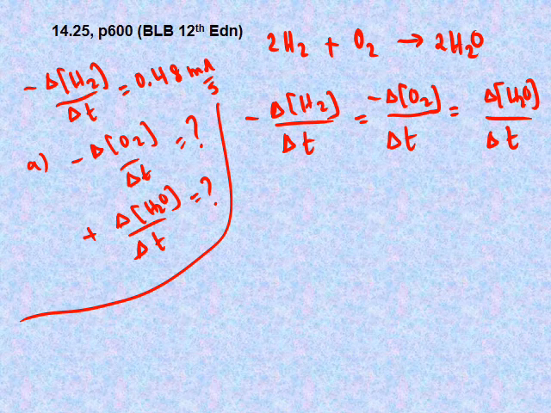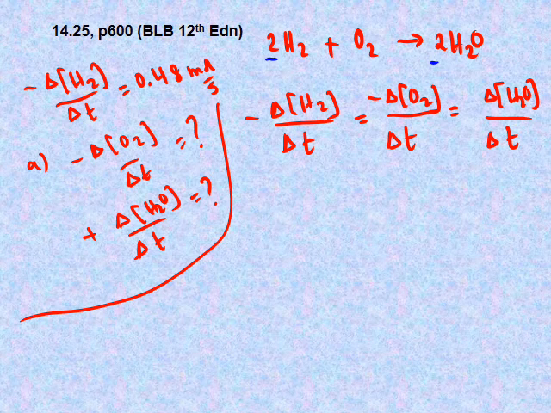But truly, they're not the same, because with 2 here and 2 here, the rate of dissipation of hydrogen will be 2 times greater than that of oxygen, because this stoichiometric ratio has to be maintained in a chemical reaction.